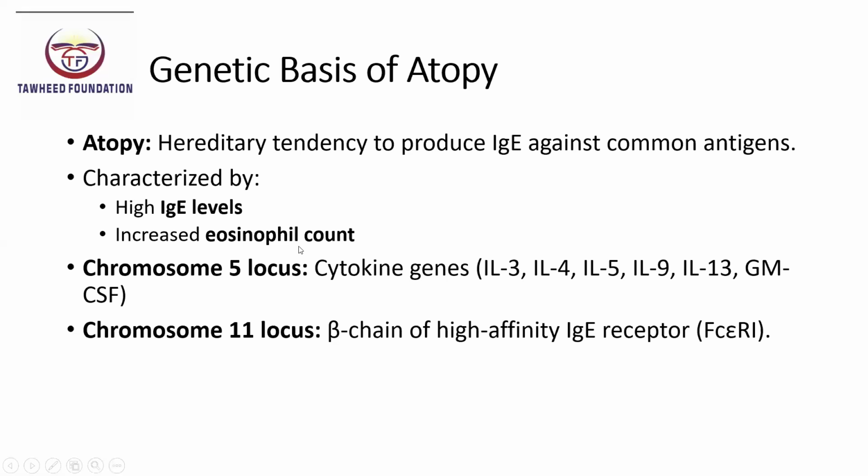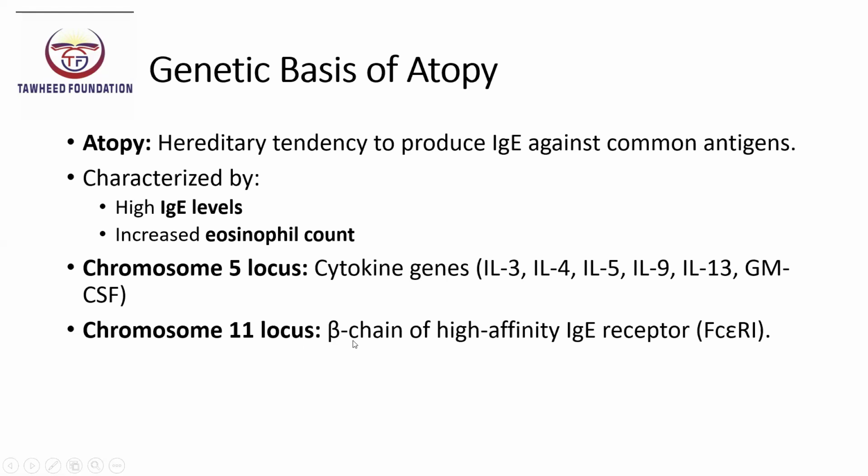Two important genetic loci are involved: chromosome 5 locus and chromosome 11 locus. Chromosome 5 locus controls the production of cytokines such as interleukin 3, interleukin 4, interleukin 5, interleukin 9, interleukin 13 and GM-CSF, which influence IgE production.